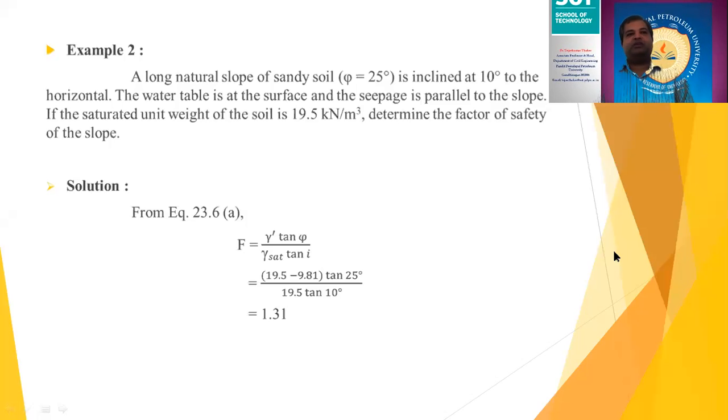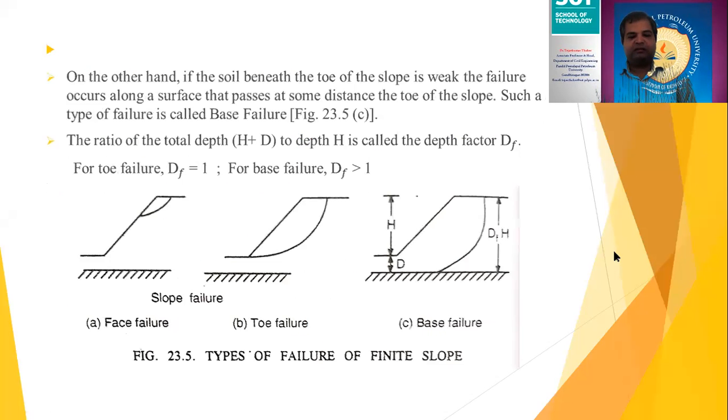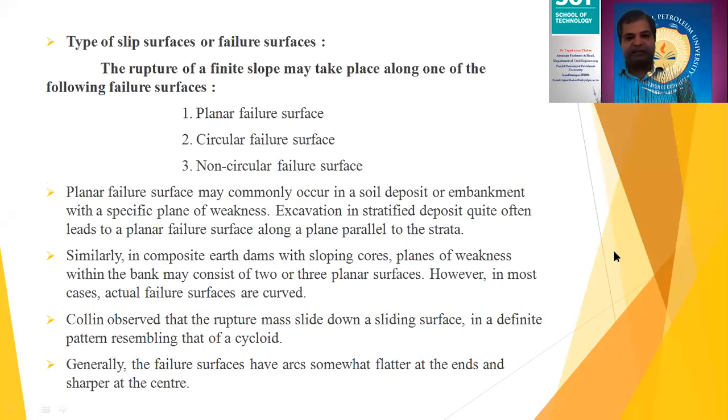Then after, we have seen various types of failure surfaces. Mainly, we have seen three types. One is planar failure surface, then the circular failure surface, and the non-circular failure surface. And we have seen under which conditions this planar, circular, as well as the non-circular failure happens.